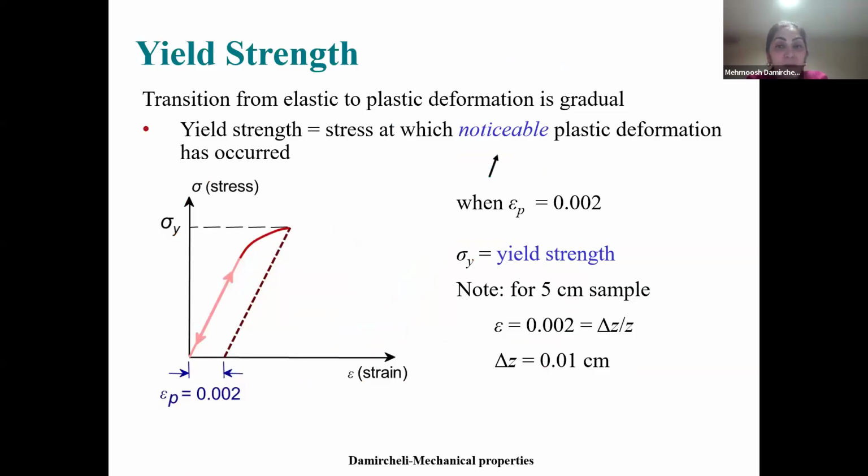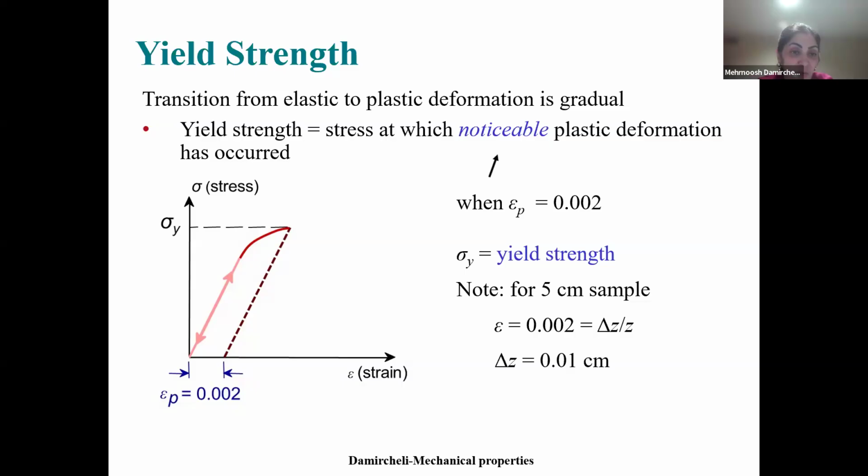Yield strength is a very important point for us. The transition from the elastic to the plastic region is gradual, and sometimes we cannot exactly specify the yield point. We need some techniques for finding this point. One of them is the offset method.